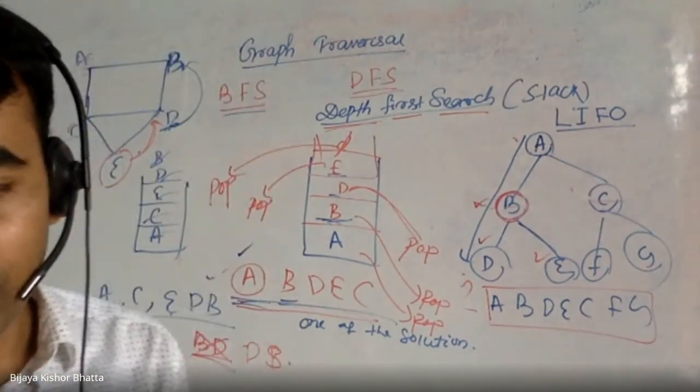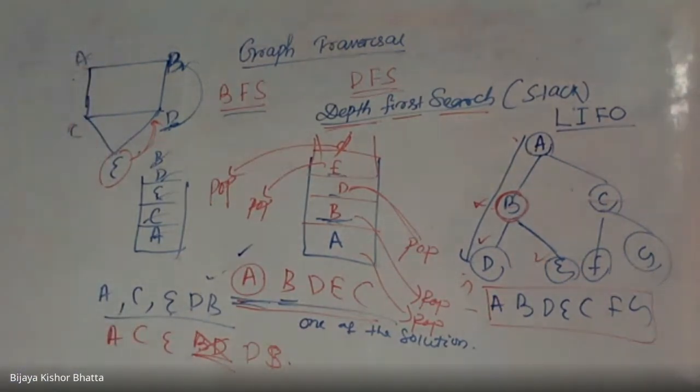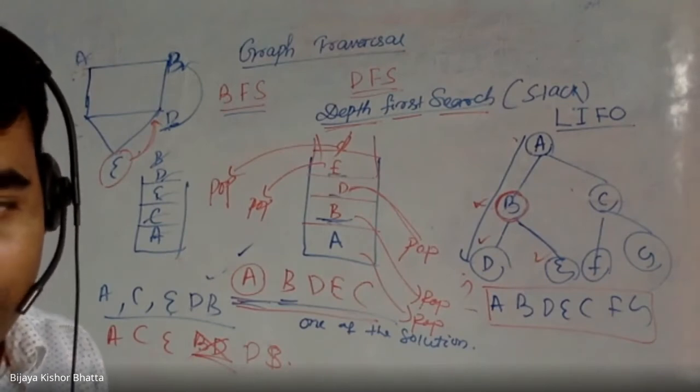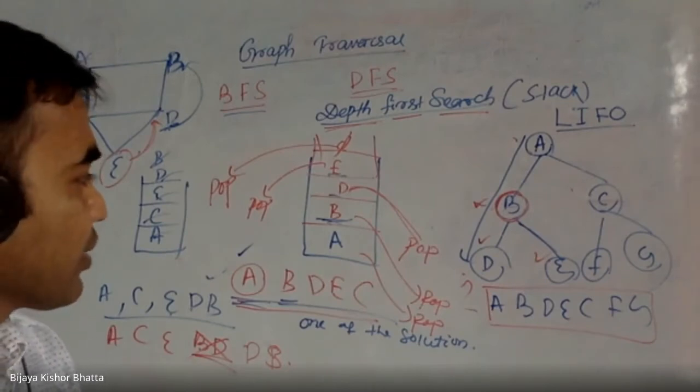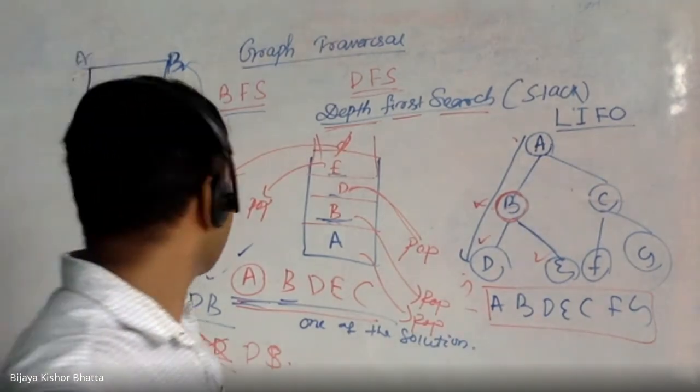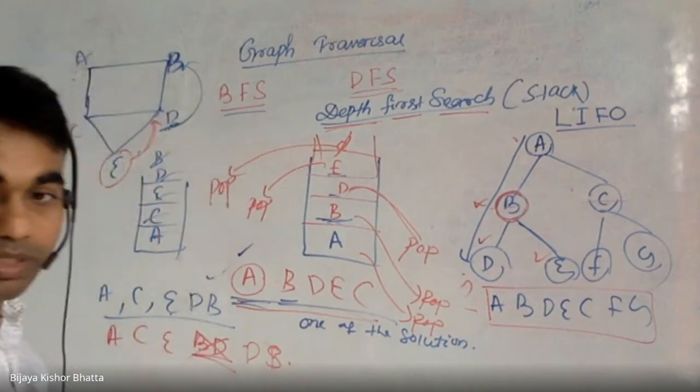A, B, D, C, E. A, B, D, C. Where is A, B, D, C? Then in the BFS example. No, BFS and DFS are different, right? So if you look, what happened?